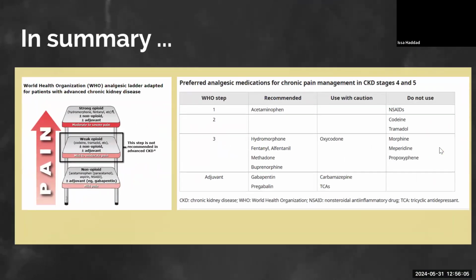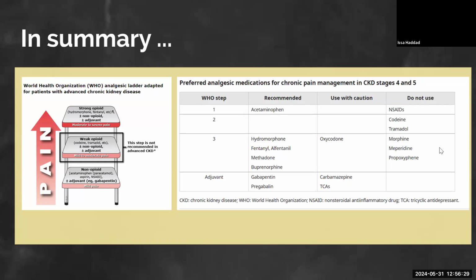Conclusion, then. The WHO ladder that we talked about, this is how they put it in CKD patients. So they try to omit step 2, which has the weak opioids, which are more of the natural opioids and the semi-synthetic. And this table summarizes that in step 1, they recommend acetaminophen, but for many patients it does not work. They still do not recommend NSAIDs.